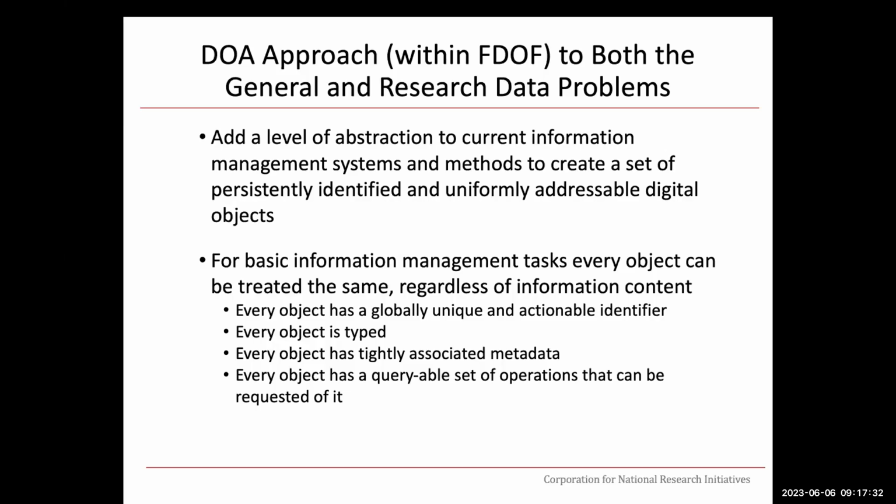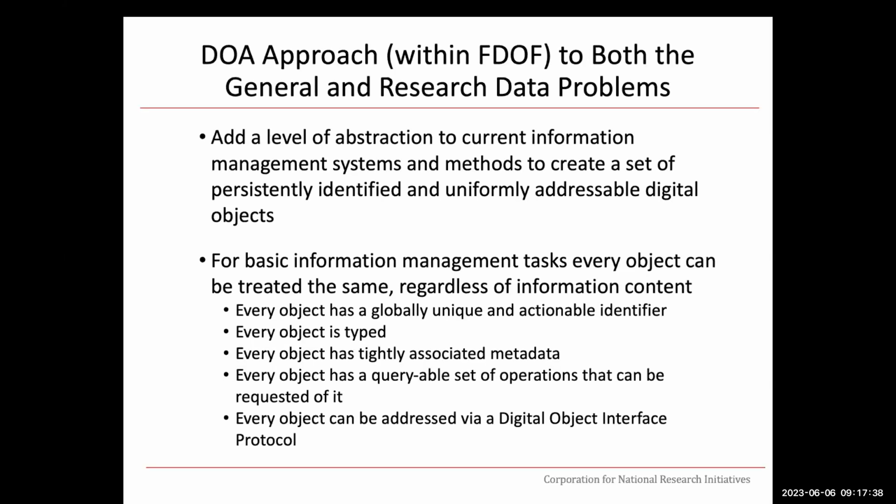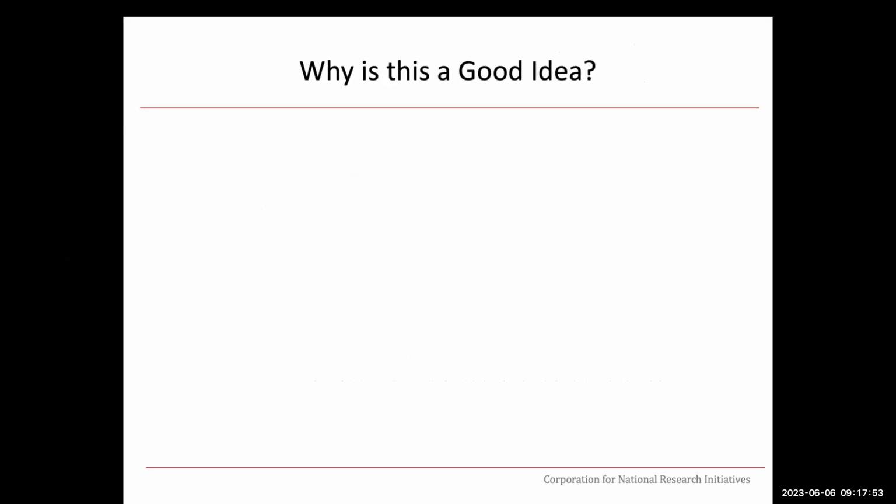And then how those functions are implemented can change over time. And you need then a way to address the objects as well. We have a digital object interface protocol that's available that may, something very much like that will have to be applied over time. Maybe that one, maybe a different one.